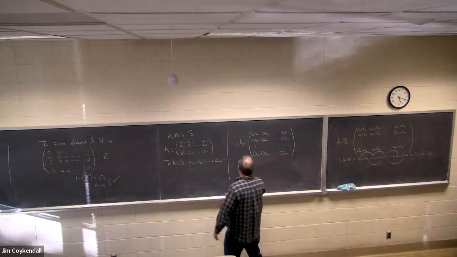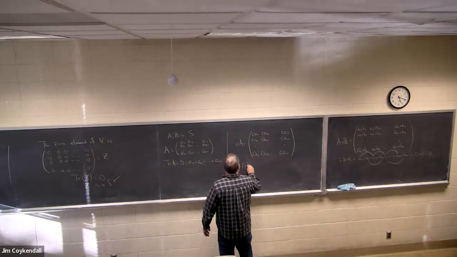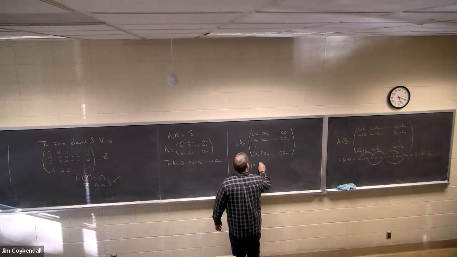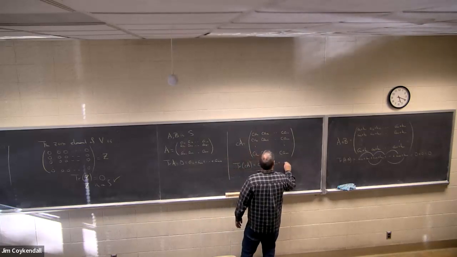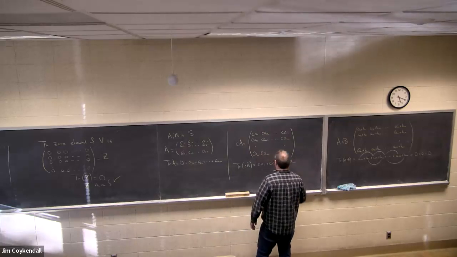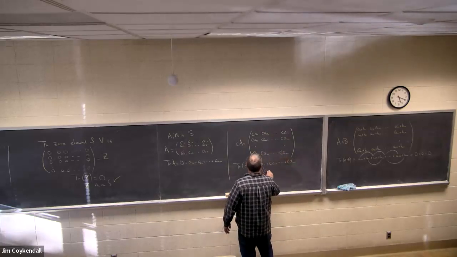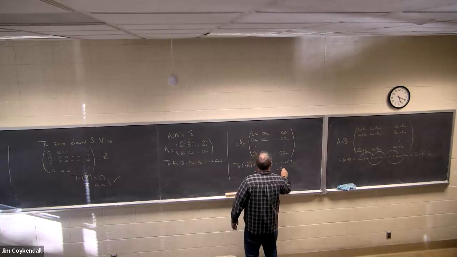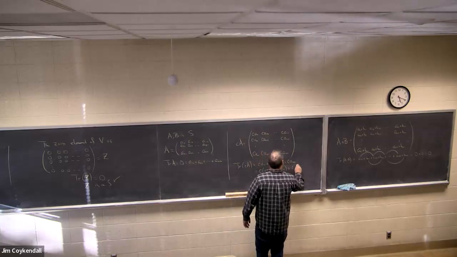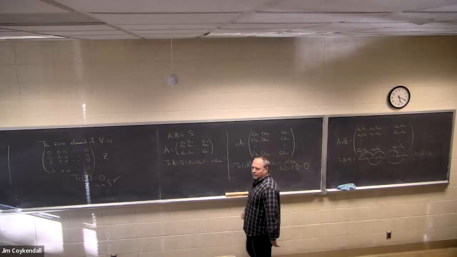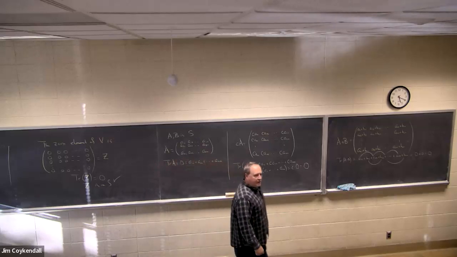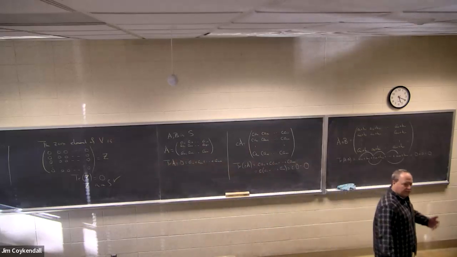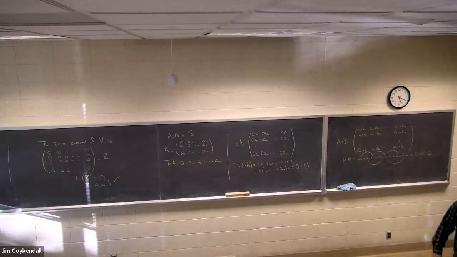The trace of CA is C A11 plus C A22 plus up to C Ann, which is C times the trace of A, which is zero. So it's closed under scalar multiples. Everybody clear on that?